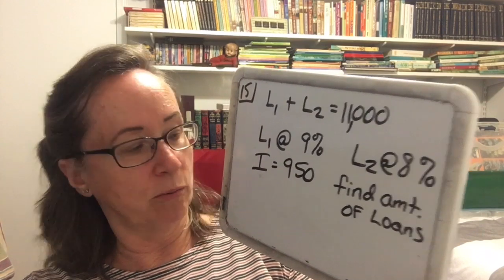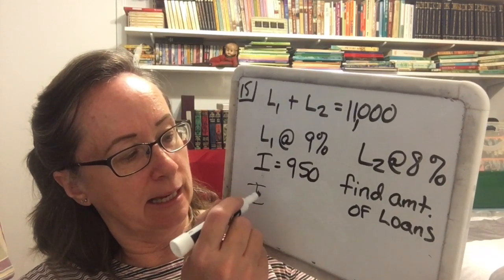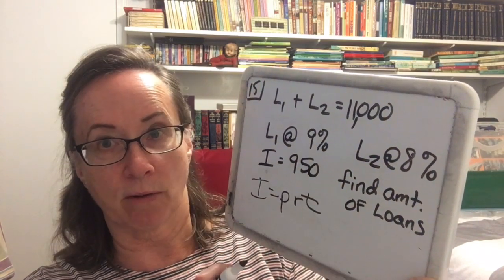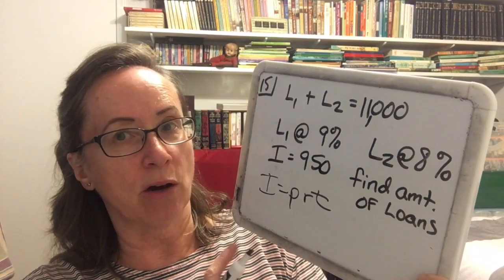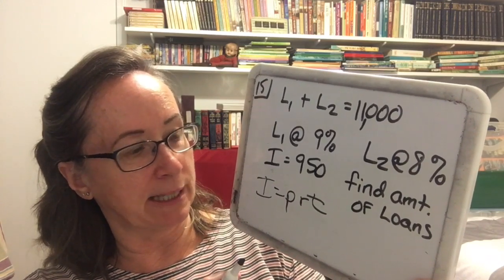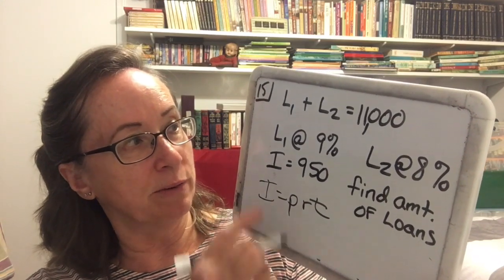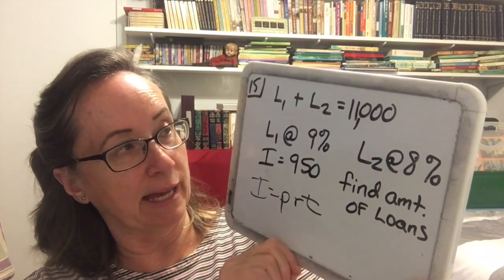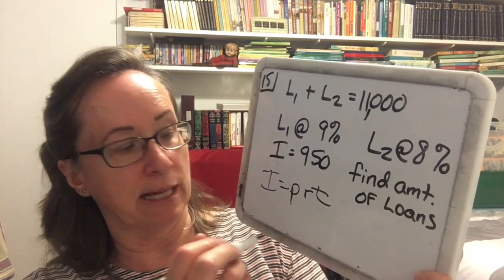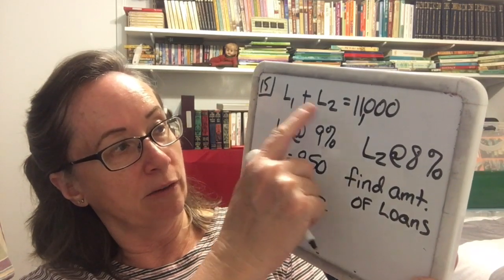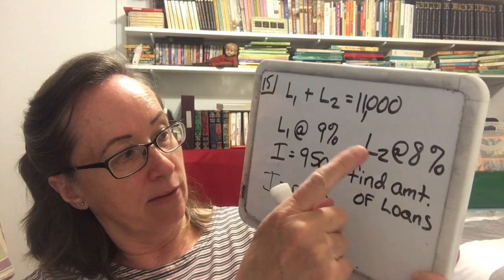So we know that interest is principal times rate times time. Now we don't know how much he put in each individual account, but I do know that the total is 11,000. Okay, so let's do this. Let's solve for one in terms of the other. We know that together they equal 11,000.